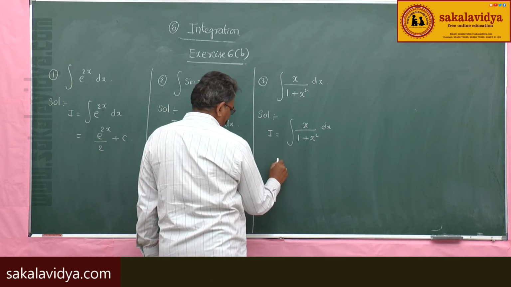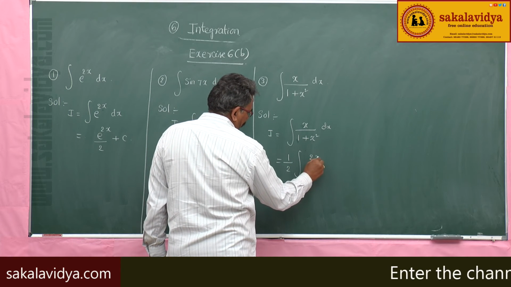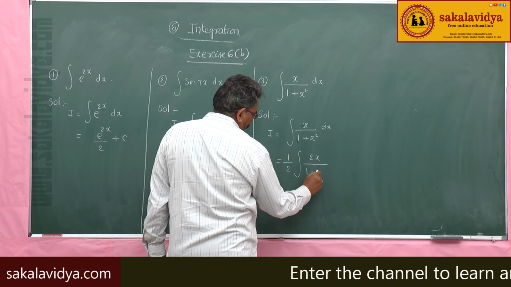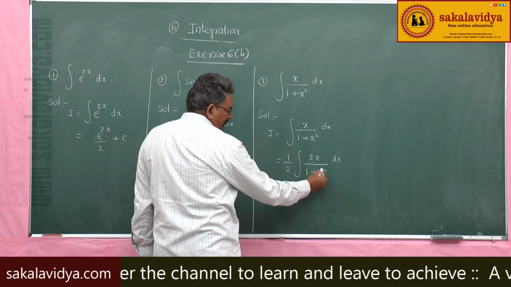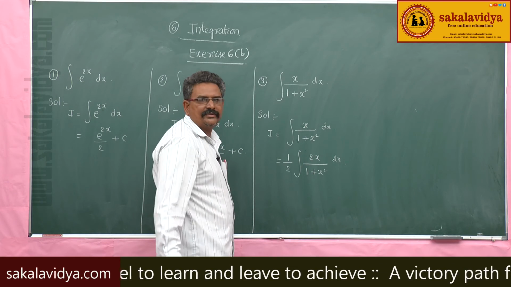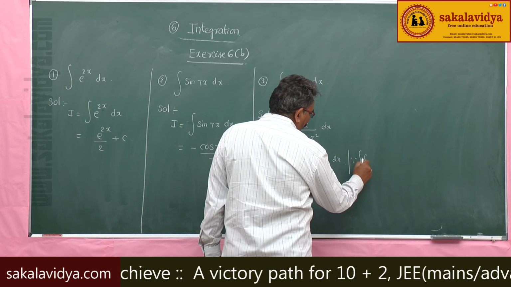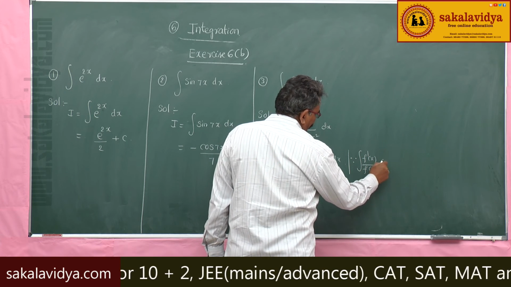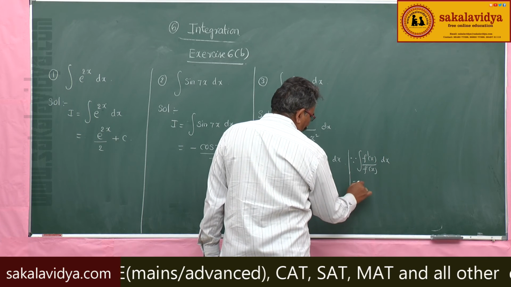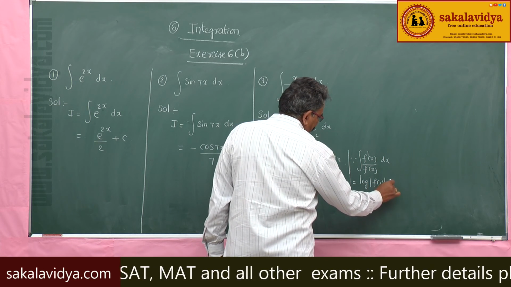So, we can change this to 1 by 2 times the integral of 2x by 1 plus x square dx. Suppose this is f of x, this will be f dash x. We have the formula: the integral of f dash x by f of x dx equals log mod f of x plus c.